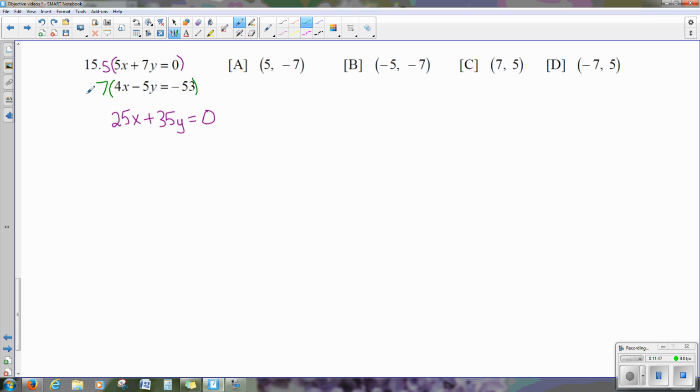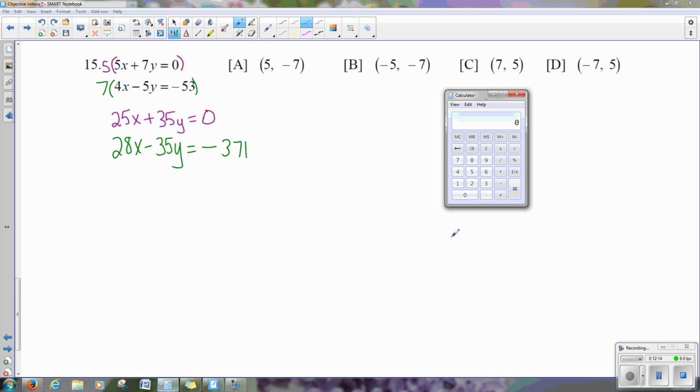Now with our second equation, we're going to have 28x and negative 35y. And it equals, oh gosh, a really big number. 7 times negative 53. That'll be negative 371. We better check that. 53 times 7 is 371.